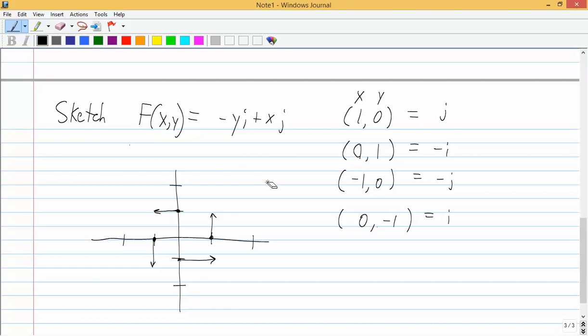The main thing I want you to know is that from any place where, say, x is 0 or y is 0, you can draw a vector field.